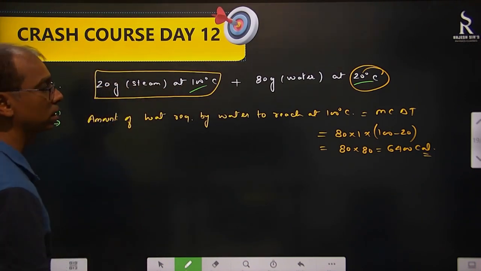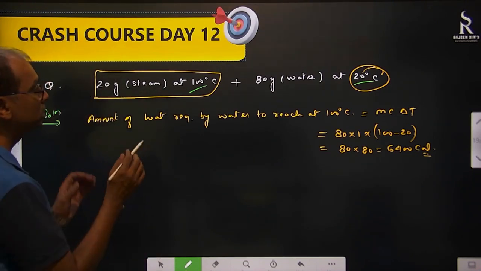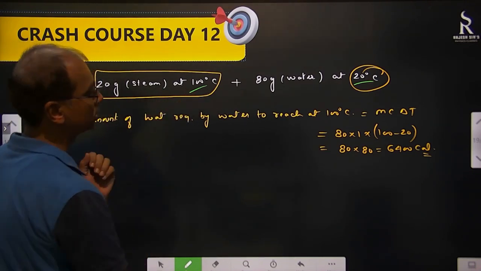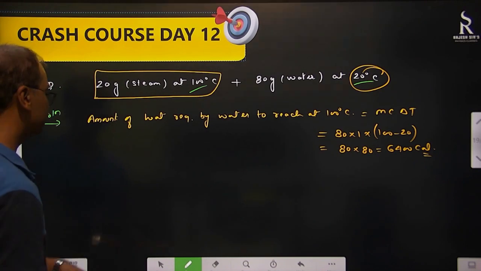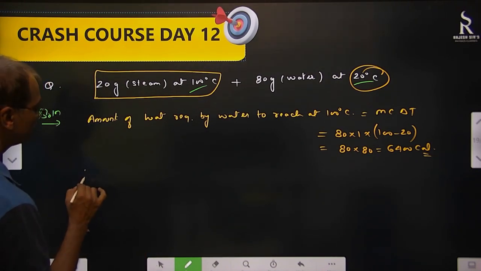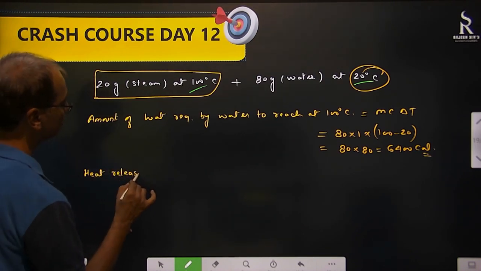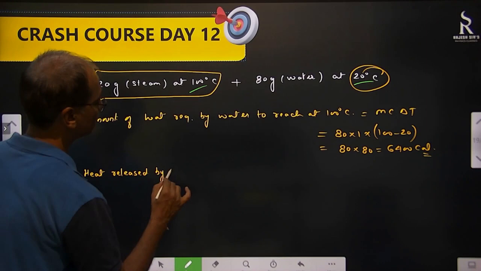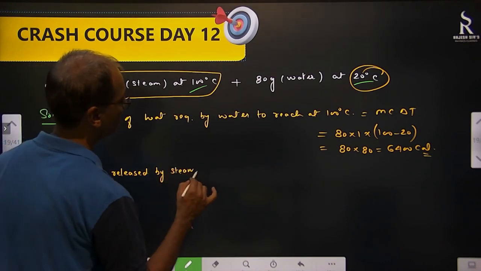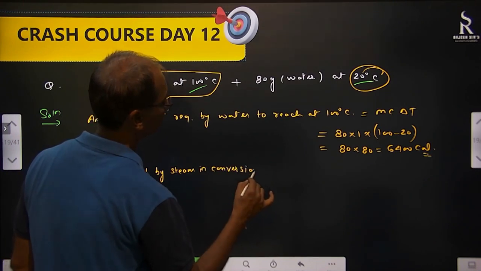By converting. Converting means latent heat. So how much amount of heat is possessed by steam? That we'll see. So heat released by steam in conversion: how much?